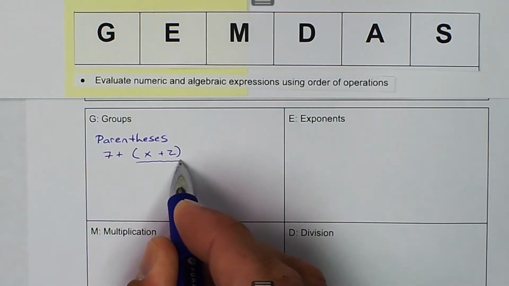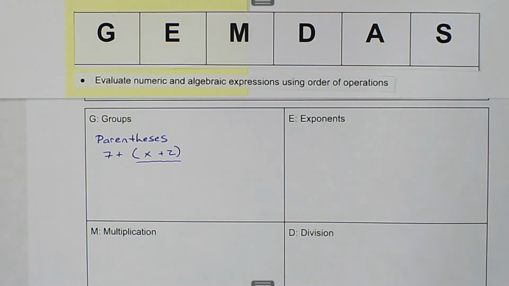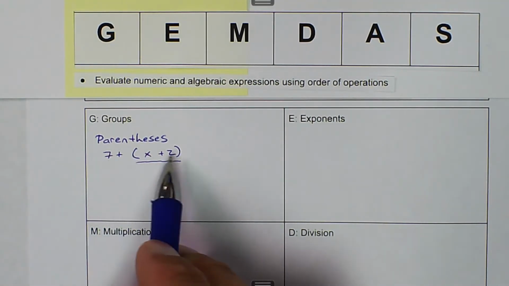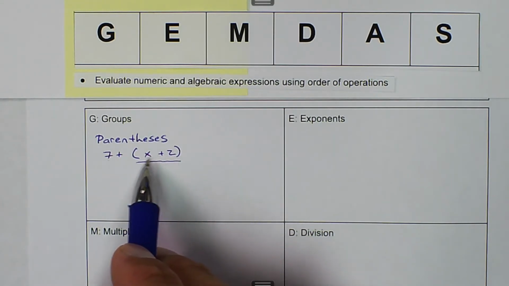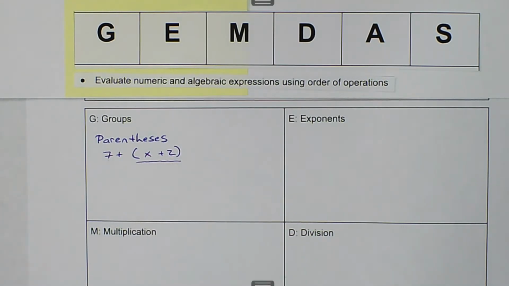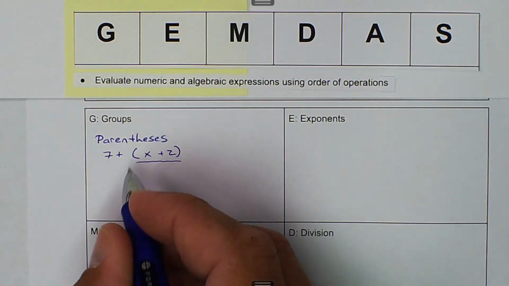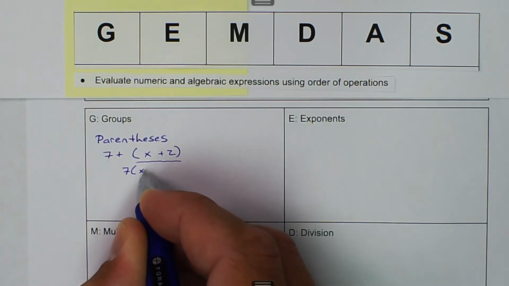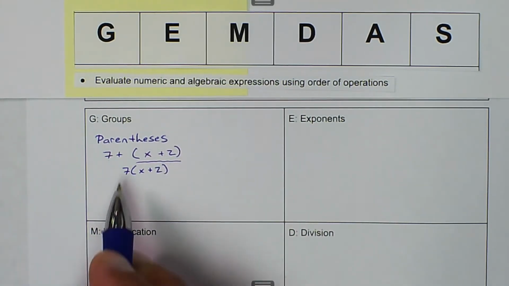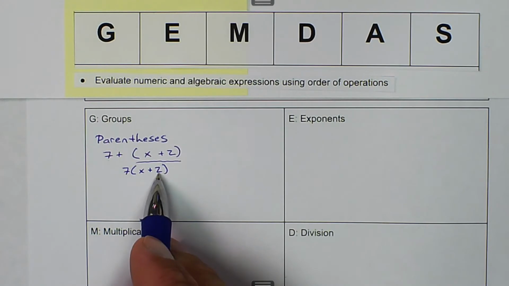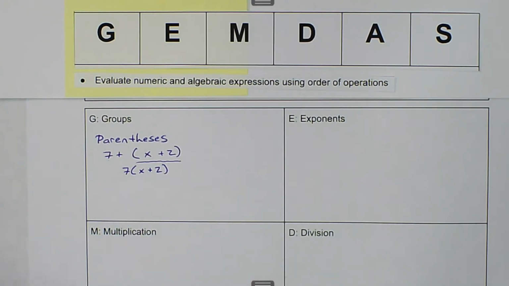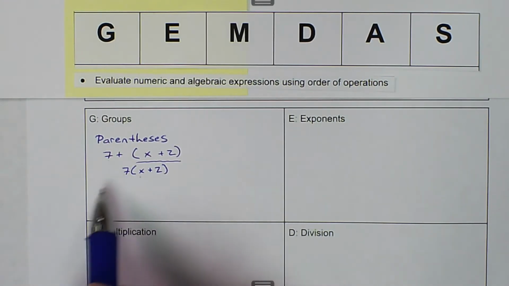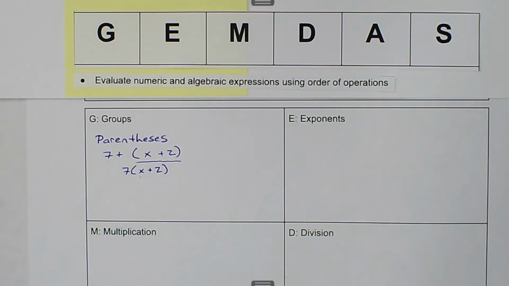The first thing we have to do is what's in the parentheses first. We cannot add the 7 and the 2 right here. We have to make sure that we do what's inside the parentheses first. This might be a bad example. Maybe I should have said 7 times x plus 2. We can't multiply the 7 times the 2 and then add x to it afterwards. We have to add these in order to multiply.